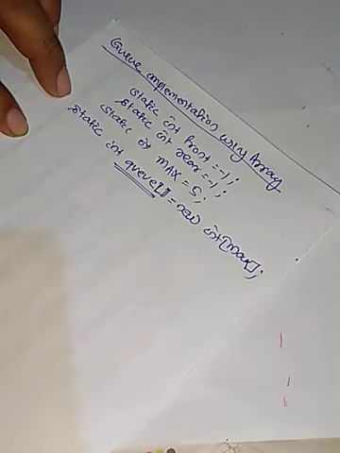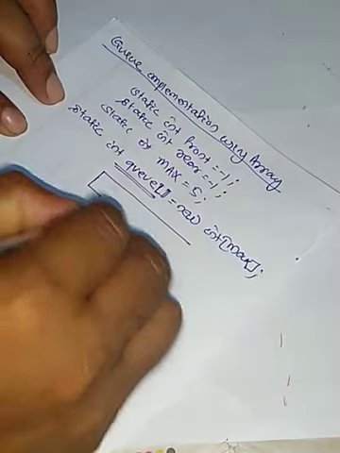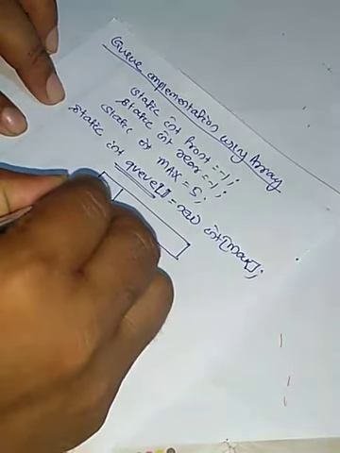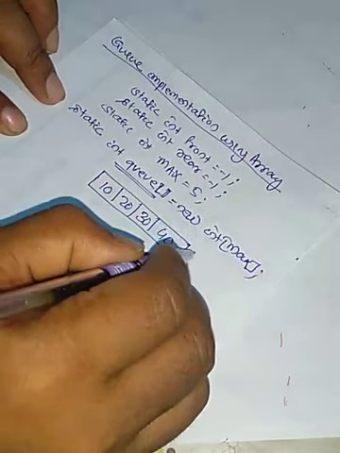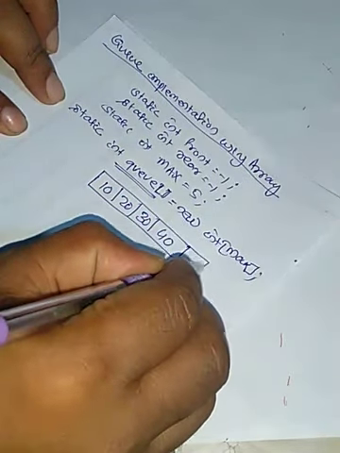In order to have elements added to the queue, we have to see whether the queue is full or not, because we have defined the size as max. So first we check whether the queue is full or not. Let's say this is the array representation of the queue, what we have done earlier: 10, 20, 30, 40, let's say 50.